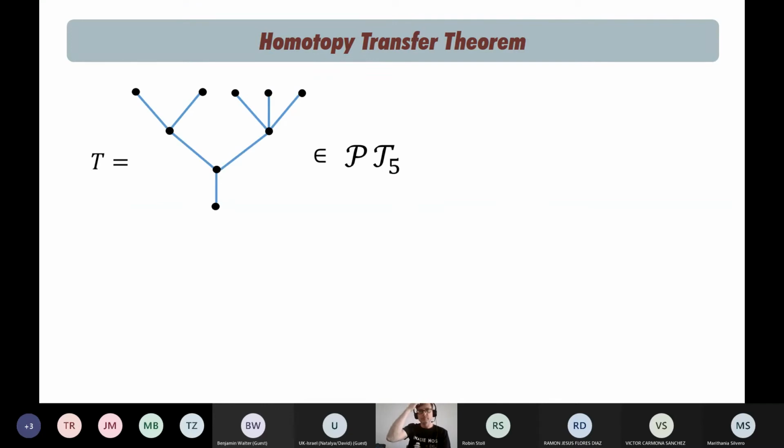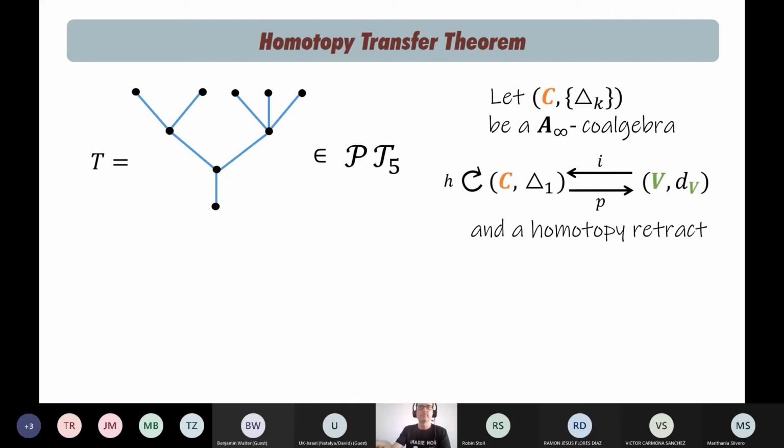First, for example, for this tree, if we have an infinity coalgebra, we will define a linear map from the tensor product C to the tensor product of K times C in the following way. If we have a retract, we do the following thing. We label all the internal vertices by the higher coproducts.